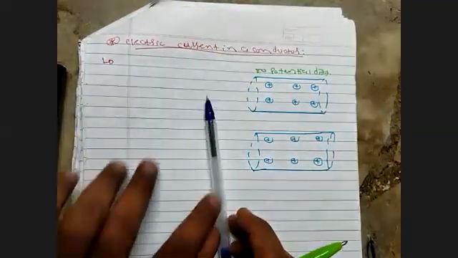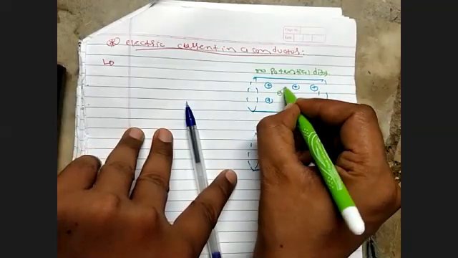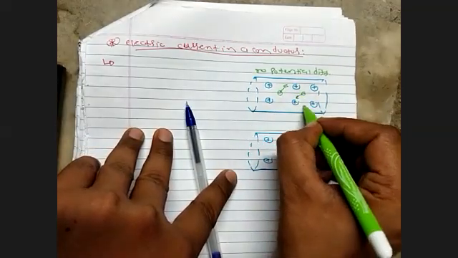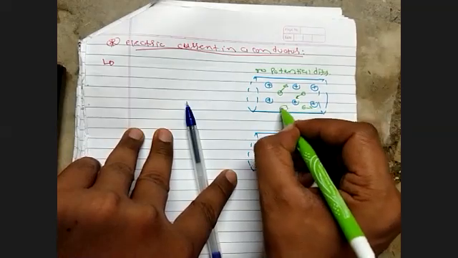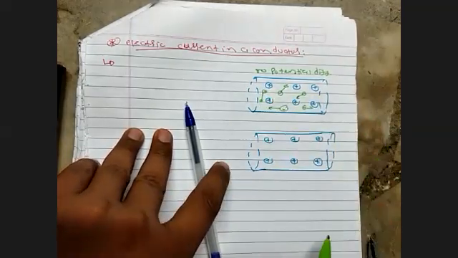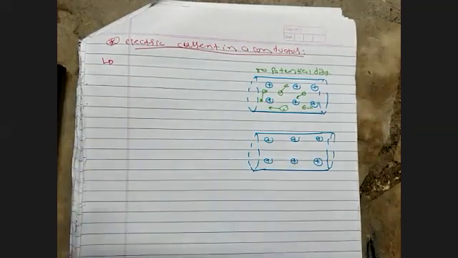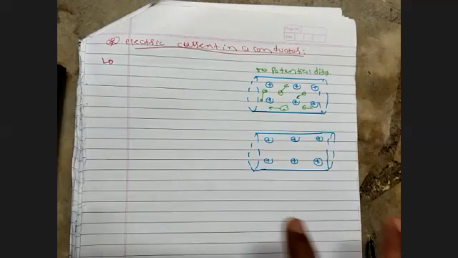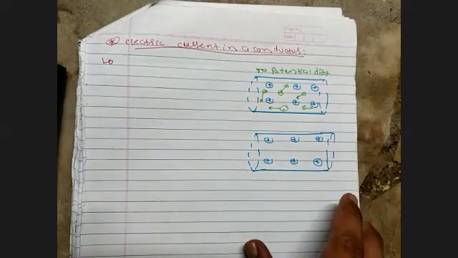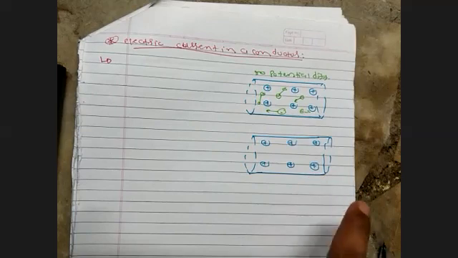No potential difference means random motion of electrons. You see, random motion of electrons takes place. And if a potential difference is applied between the two ends of the conductor, a particular direction of motion of electrons takes place.